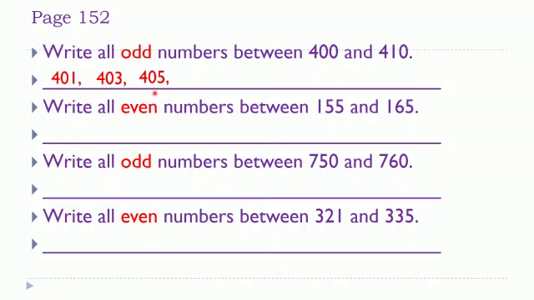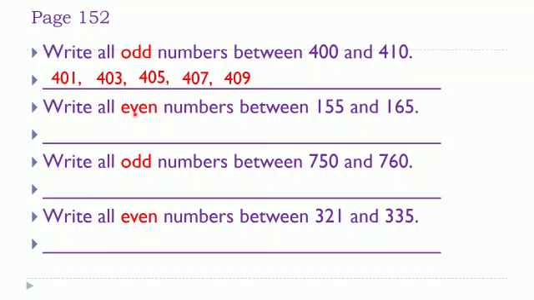Then 405. Then 407. After that 409. They have asked to write till 410, so we have to complete till 409 because the next number will be 411. That is more than this number, so we don't have to write that. So odd numbers between 400 and 410 are 401, 403, 405, 407 and 409.